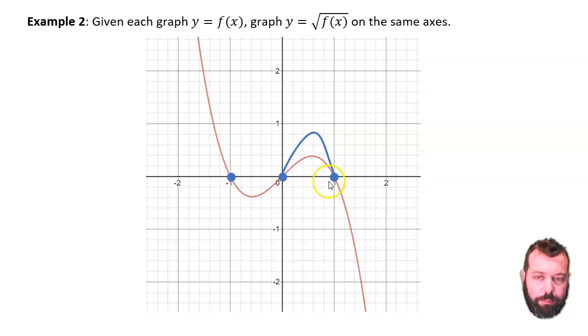Now, over here, because my function is greater than 0 but less than 1, my square root is above the function there. It's above because when I take the square root of a small number between 0 and 1, that square root is greater than the small number. Now for this little section over here, it will be greater until I get to 1.